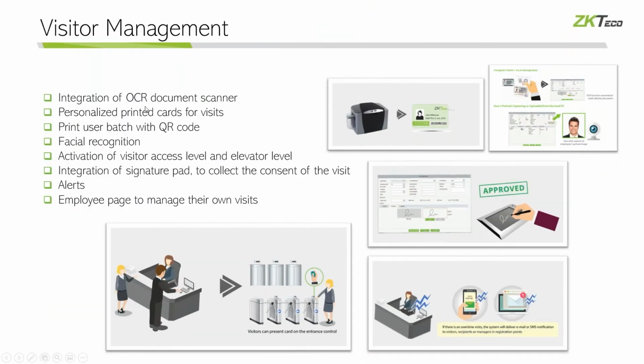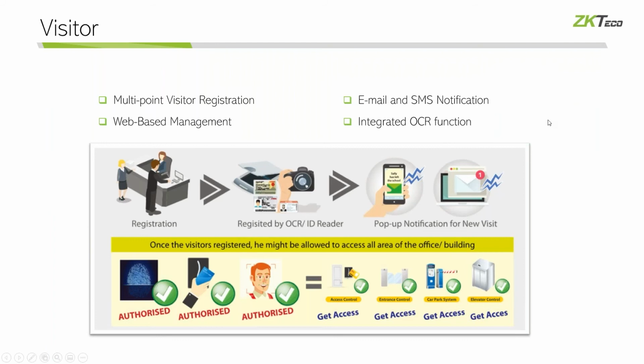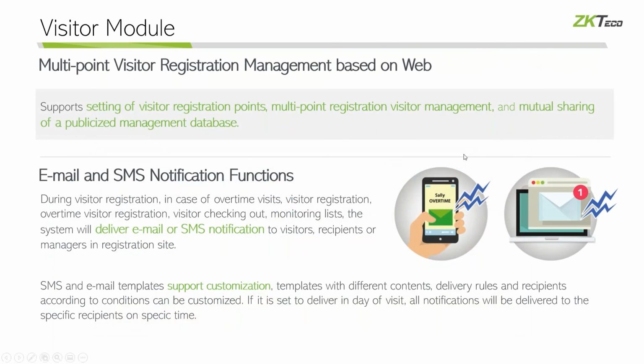We have the integration of OCR documents, personalized printed cards for visiting, batches of QRs, facial recognition, QR recognition, which doesn't appear here, but it's important. Activation of visitor access level and elevator level, so it's linked to the access module and to the elevator module. Multiple points, which we will have later in this presentation, as I've already seen.